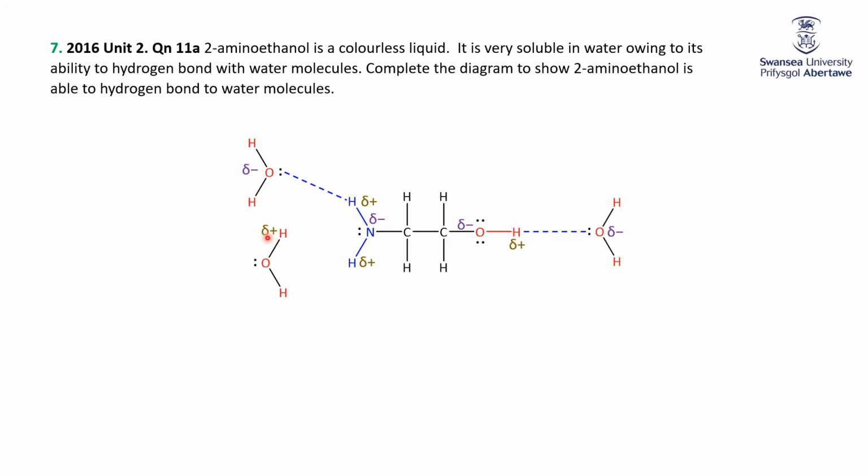So the slightly positive hydrogens of a water molecule can interact with the slightly negative nitrogen, as shown there, or with the slightly negative oxygen of that end. So overall, we have all kinds of hydrogen bonding possibilities. We've got 1, 2, 3 hydrogens that can act as hydrogen bonding donors. And then, of course, we have the lone pairs 1, 2, 3 that can act as hydrogen bonding acceptors.